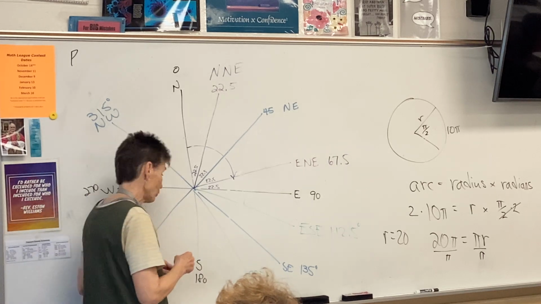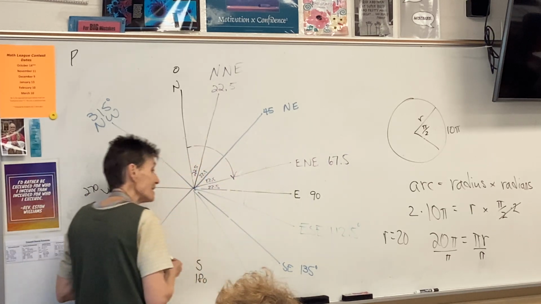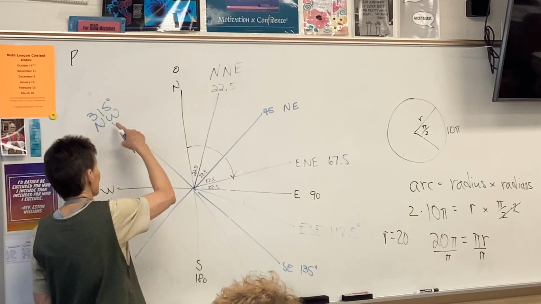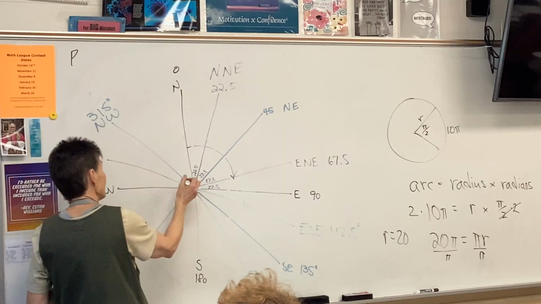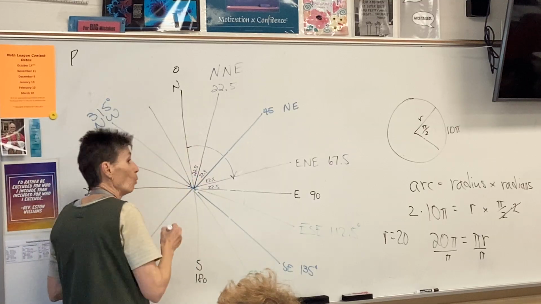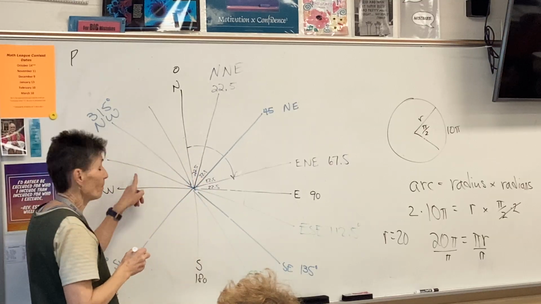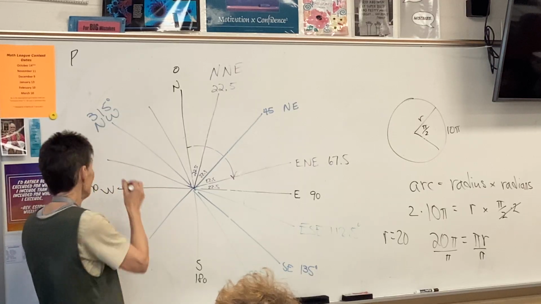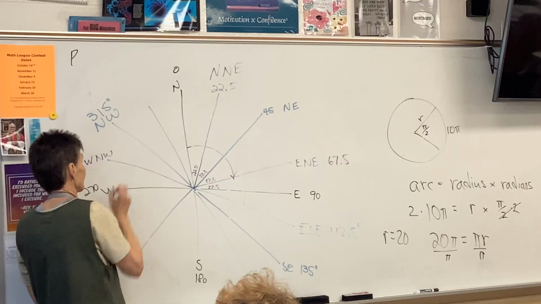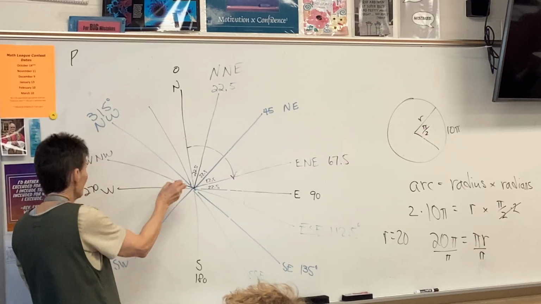West northwest. West northwest. So here's northwest. Here would be one split. Here would be another split. Which one, top or bottom, is west northwest? Bottom. Now remember, you want to label that.